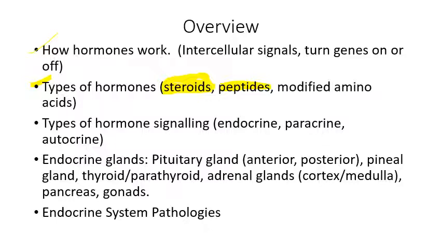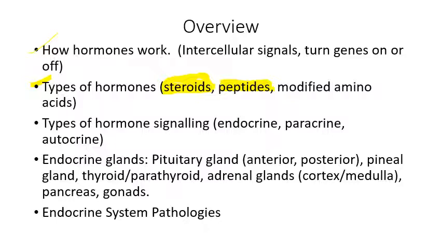But if you're dealing with a peptide hormone and you take it as a pill, the stomach will break it down into individual amino acids the way it would for any protein. So obviously peptide hormones cannot be taken orally. They cannot be taken through the stomach. The most obvious example of that is insulin. Insulin is a peptide hormone that's produced by the pancreas, and it cannot be taken as a pill. You have to inject it.